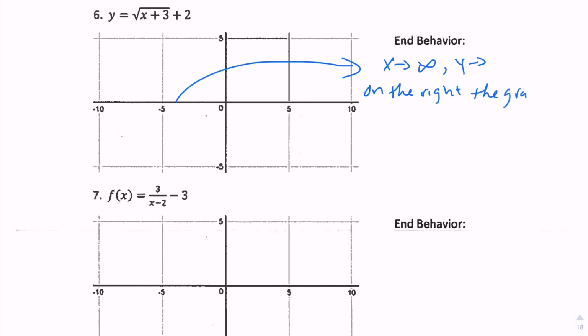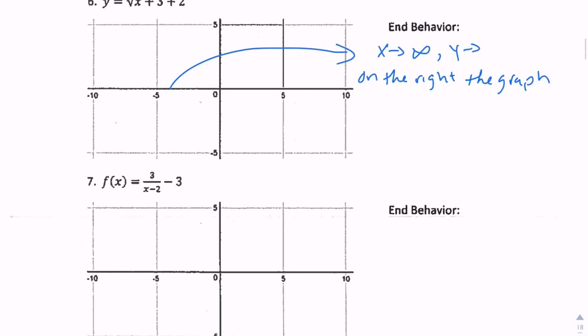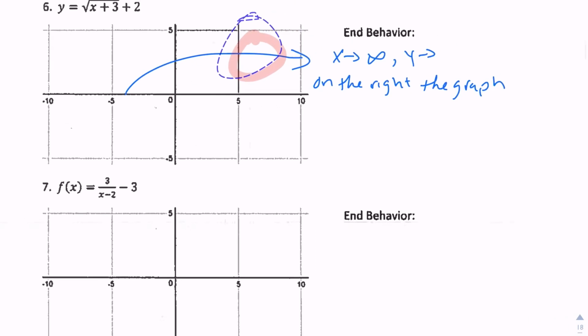the graph. Okay, now I'm actually not going to write anything about the left, and we'll talk about that in a second. So on the right, this graph looks like it's kind of leveling off, but it actually will slowly continue to rise. So this graph rises, and it approaches infinity. And that's it.